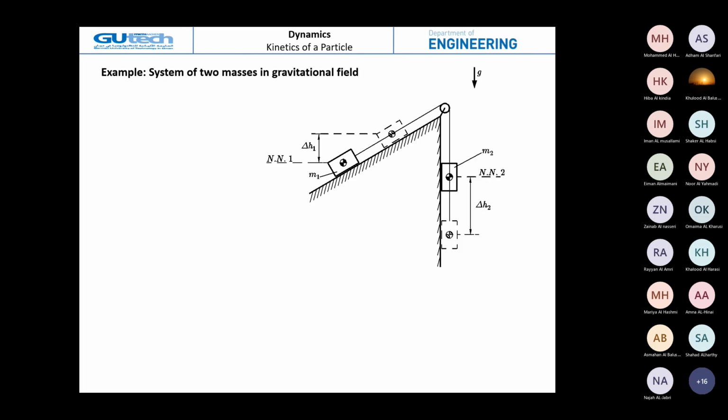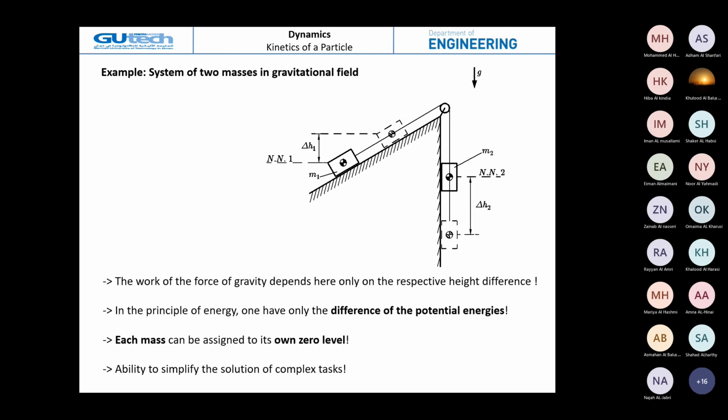Now we take this example, a system of two masses in a gravitational field. We have the mass m1, and here we have the mass m2. In the application of the conservation of energy, we always have to try to find what we call the zero level.